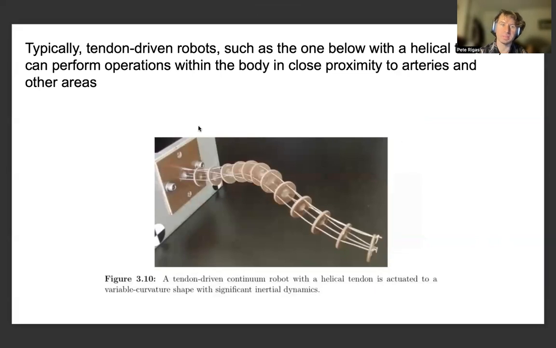And typically speaking, the tendon-driven robot, such as the one which is exhibited below with the helical tendon, can perform operations within the body in close proximity to the arteries and other areas.